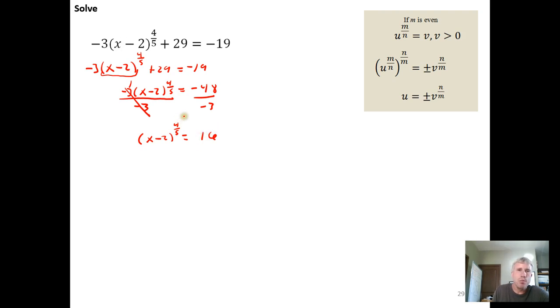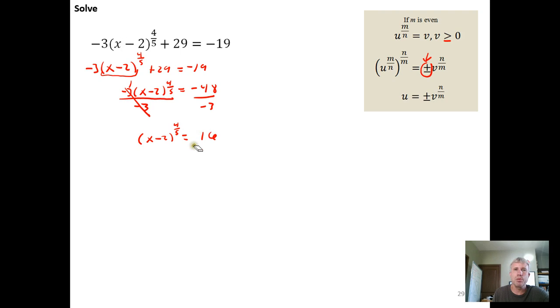So this numerator being even tells us that we're going to get both a plus and a minus in our solution. We know that 16 can't be a negative number because we cannot raise a negative number to an even exponent and get anything other than a positive result.